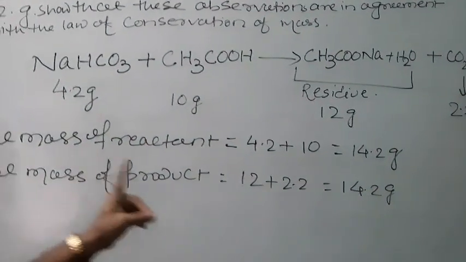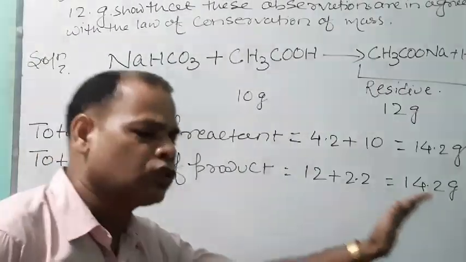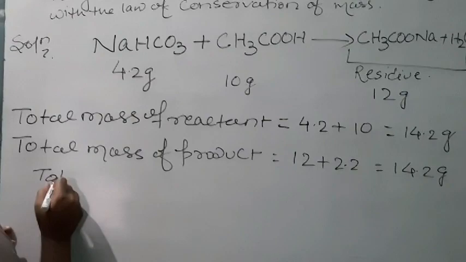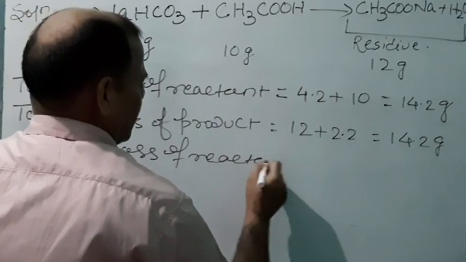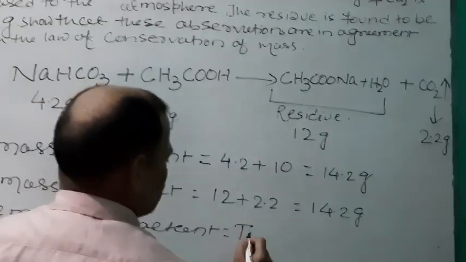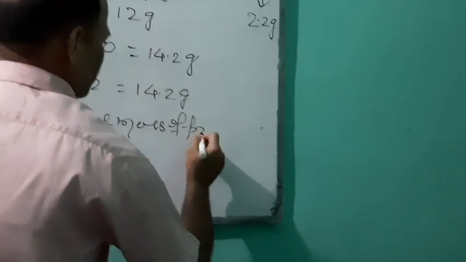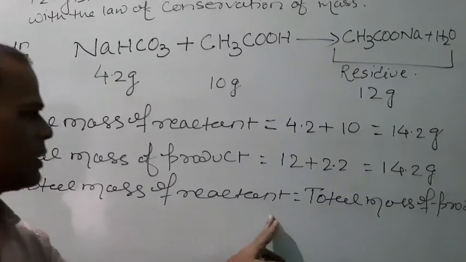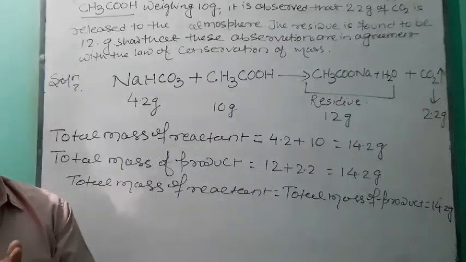Now total mass of reactant is equal to 14.2, and total mass of product is also 14.2. It means we can say the total mass of reactant is equal to the total mass of product, which is equal to 14.2 gram.